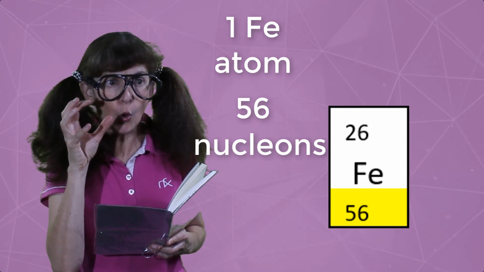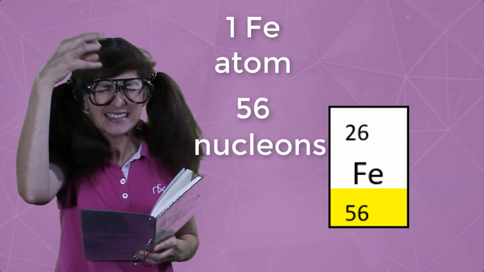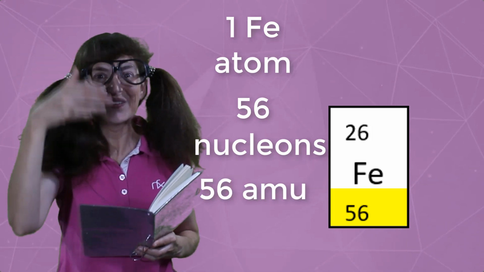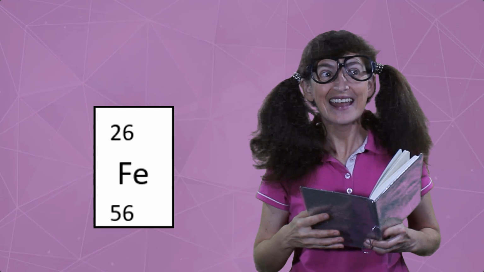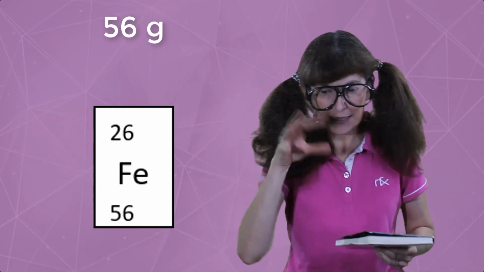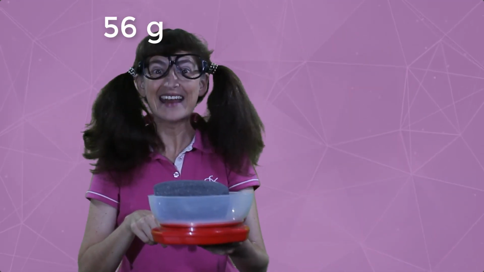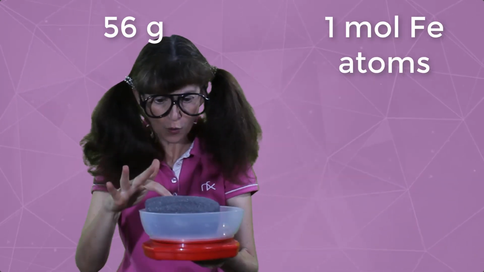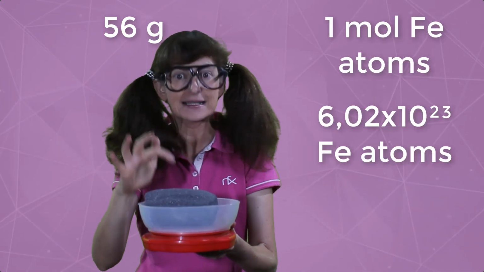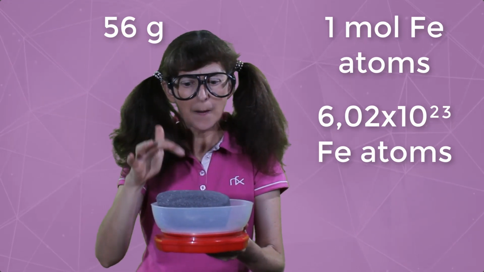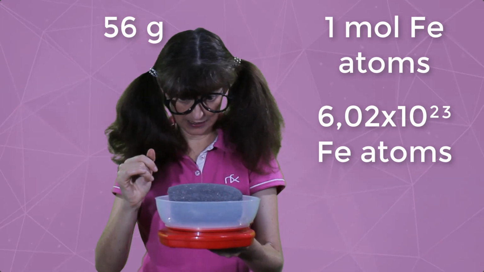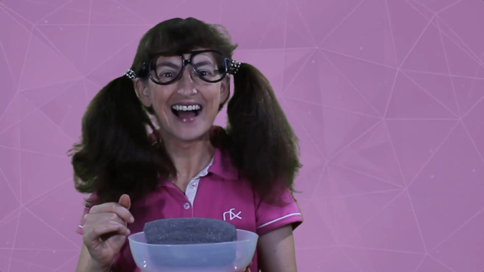And so if I put it on an amu scale, it would say 56 amu. And then if I weighed out until I got 56 grams, then I know I have a mole. So then I know I have 602,000 million million million atoms of iron inside there. Cool!